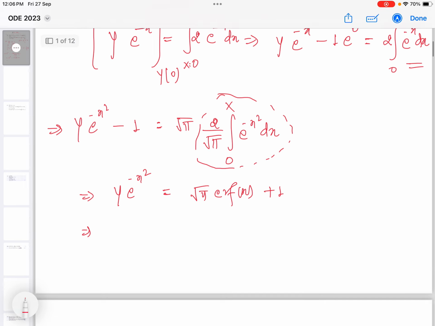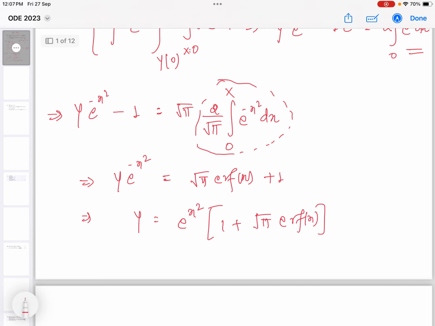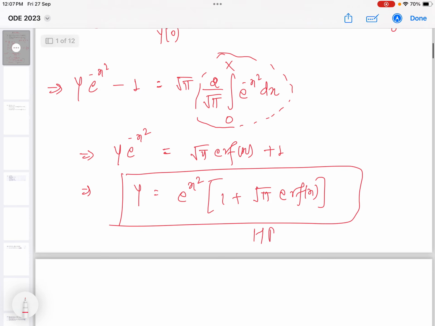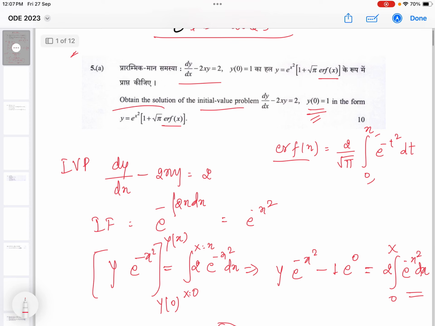Taking e raised to the power minus x square to the RHS side, this becomes e raised to the power x square times 1 plus root pi error function of x. This is the final solution that we needed to obtain, and hence we got the answer. This we had to show, and we have shown this.